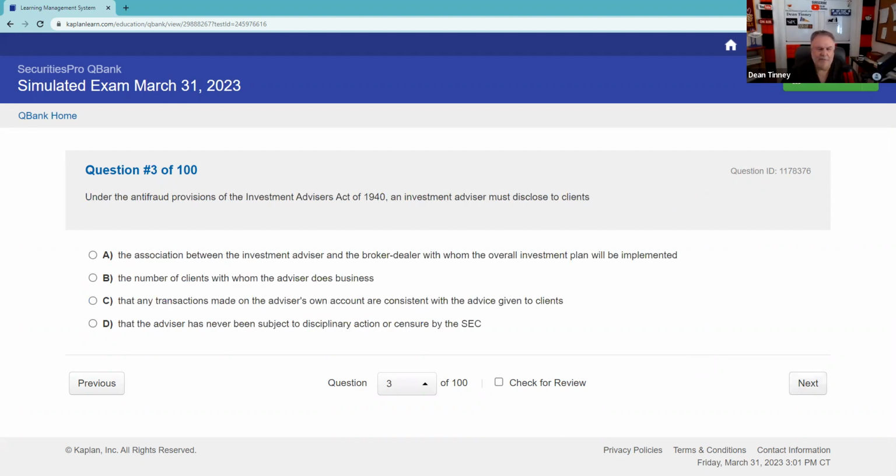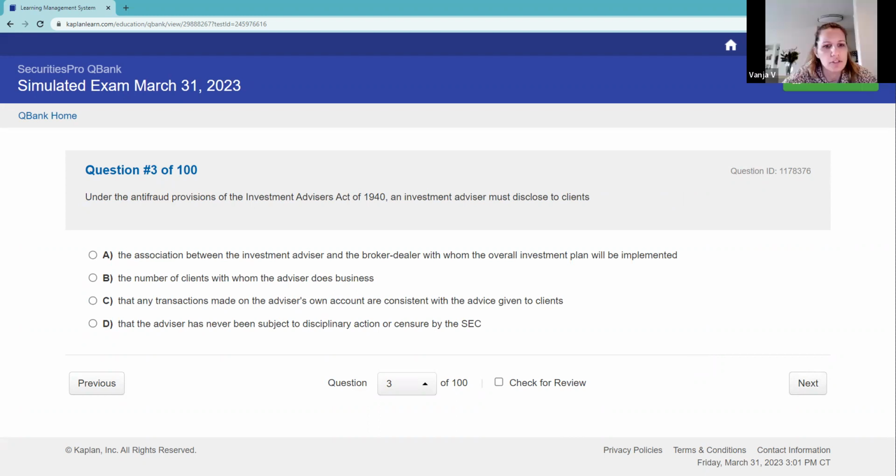Under the anti-fraud provisions of the Investment Advisers Act of 1940, an investment advisor must disclose to clients the association between the investment advisor and a broker dealer with whom the overall investment plan will be implemented. Sure. Let's see the rest. The number of clients with whom the advisor does business, not necessarily important.